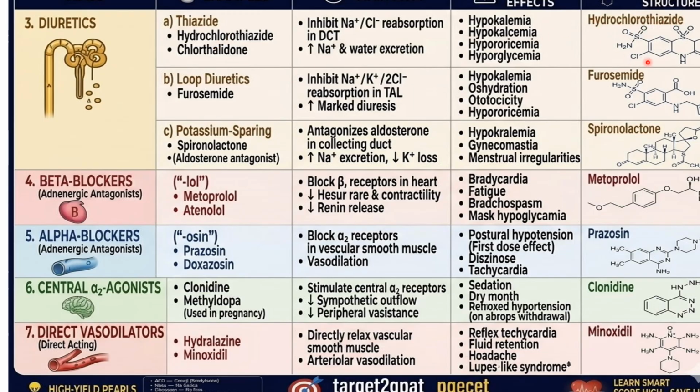And this is our prototype drug structure, hydrochlorothiazide. As mentioned, these exist with chlorine. For loop diuretics, the best example is furosemide. Thiazide you can remember because hydrochlorothiazide is broken down from the name itself. Their mechanism of action involves inhibition of the sodium, potassium and chloride channel, especially acting on the loop of Henle.